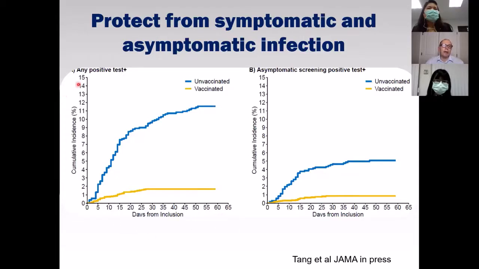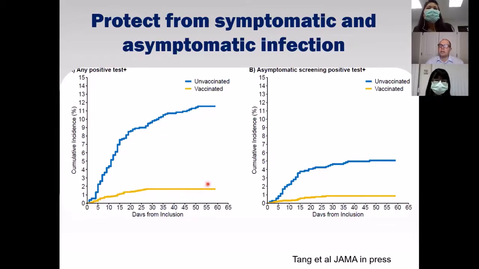If we look at cumulative incidence, so the percentage of the tests that have been positive over time, whether people are symptomatic or asymptomatic, we see it slowly climbed with the unvaccinated group. But if we look at those that have been vaccinated, it's very leveled off right now.